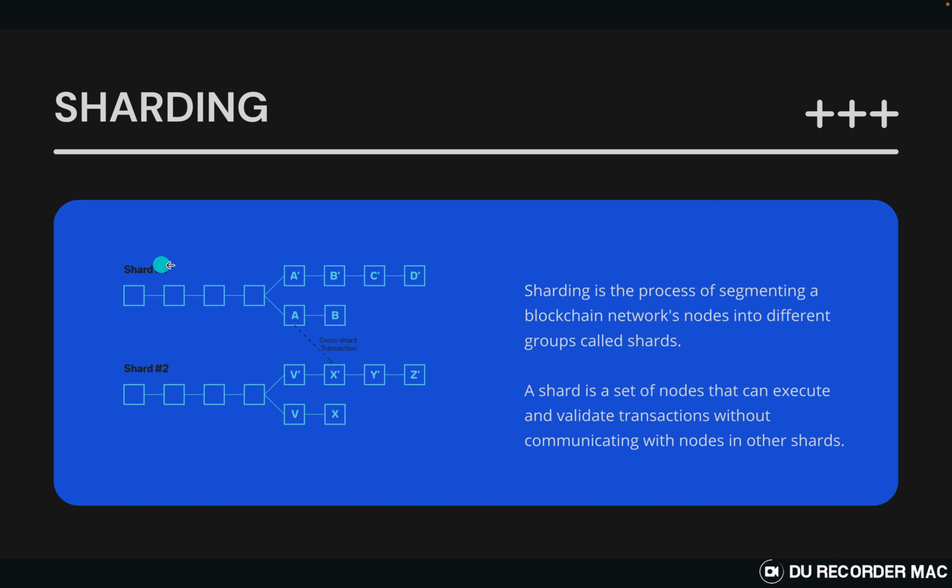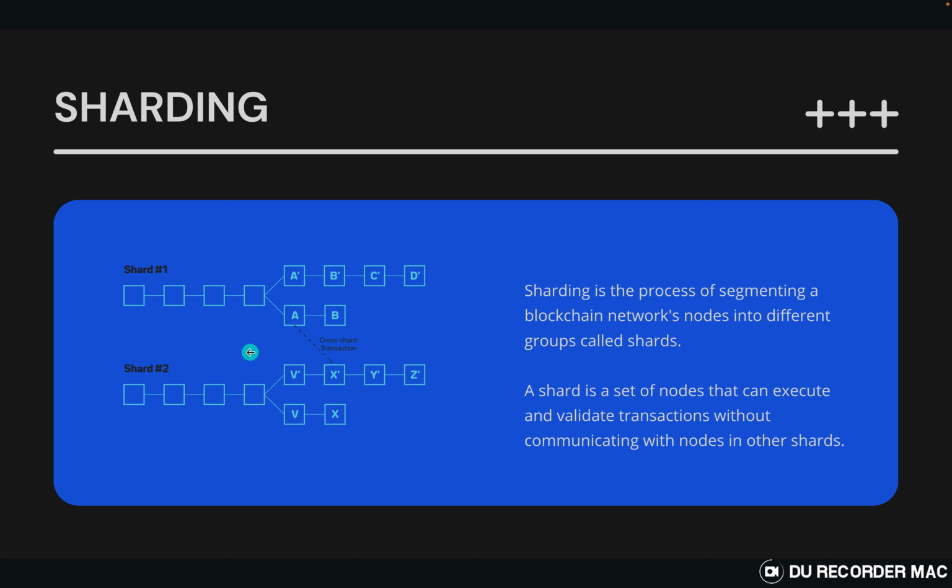So it's just like this now. You have one shard here, so a set of nodes will be running this block, and another set of nodes will be running this block. They don't have to communicate, but there's a possibility of running cross shard transactions.